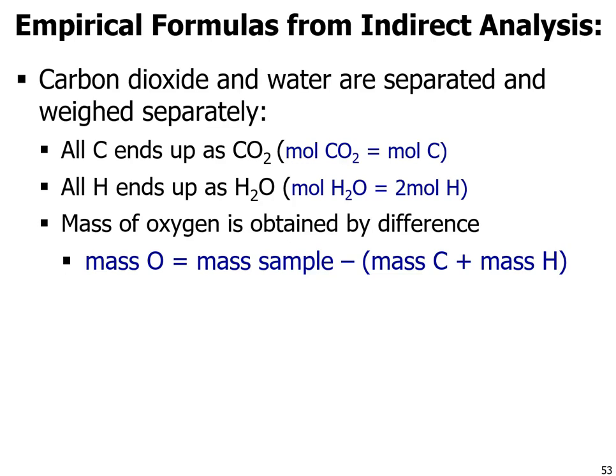And then if we know the compound only contains carbon, oxygen, and hydrogen, the mass of the oxygen is determined by subtracting the mass of the carbon and hydrogen combined from the mass of the sample. And again, that's because we're pumping in excess oxygen to allow for combustion. So you can't use the same carbon dioxide or oxygen or water above in order to determine the oxygen concentration.